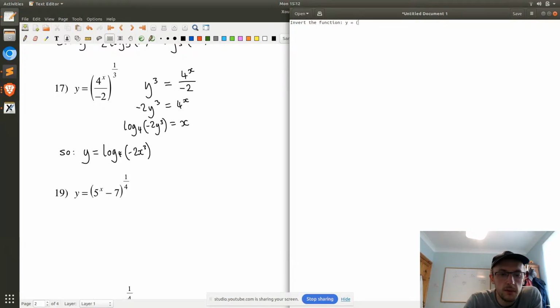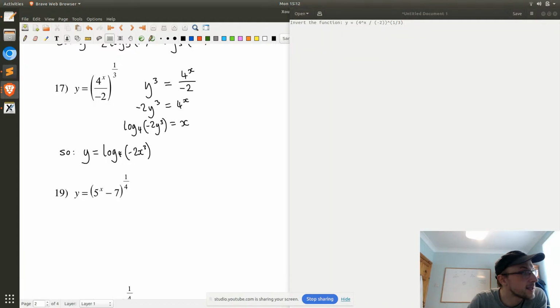Y equals 4 to the x over -2. And then all of that to the 1/3. Now, I will put this in Wolfram Alpha, but I don't think it will get it. And the reason why is because basically you have to know Mathematica beforehand.